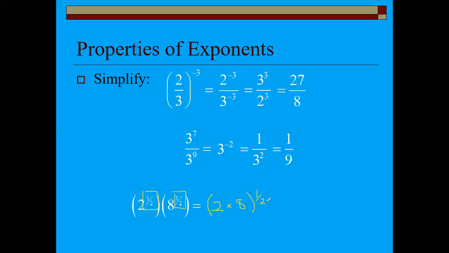So this will end up as 16 raised to the power half. 16 raised to the power half is a fractional index, so that will be the square root of 16.